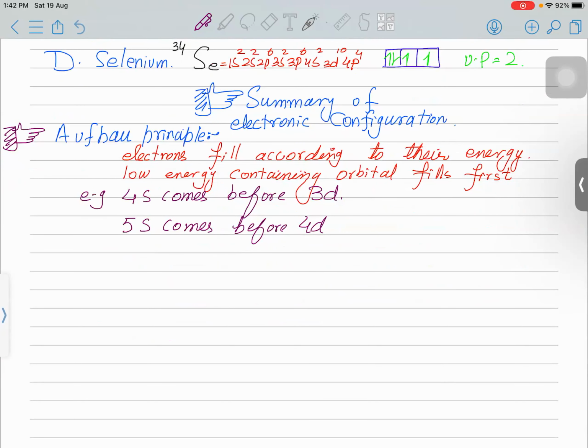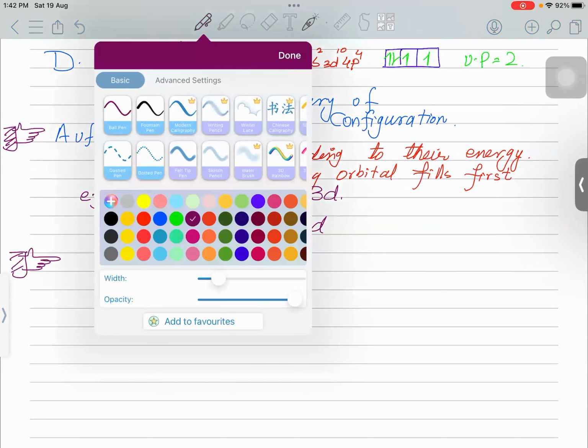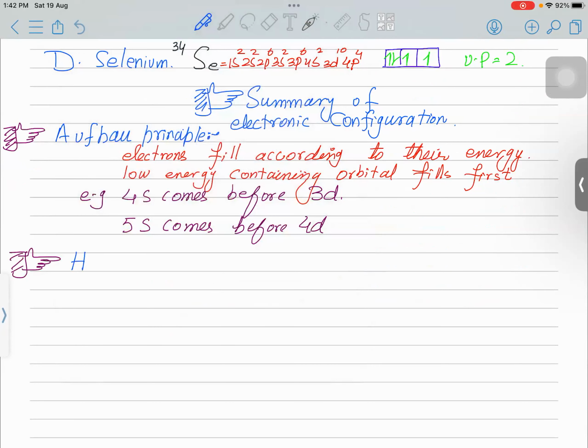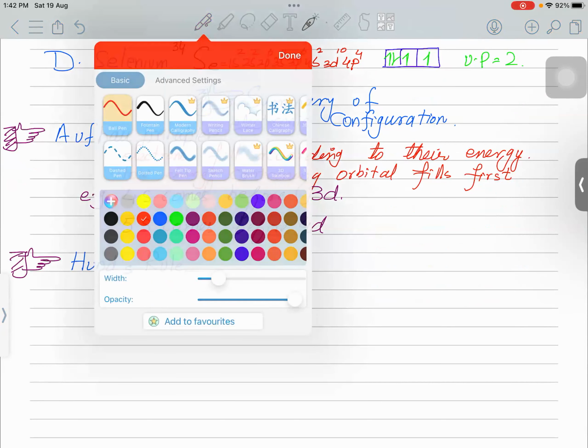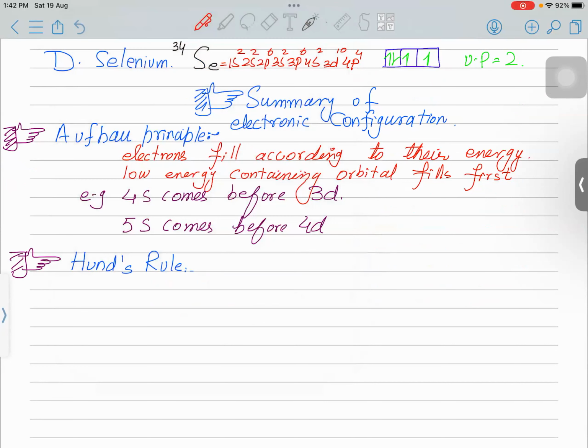Now another rule. This rule is called Hund's rule. Naming is not important, the law is important. Are you getting my point?